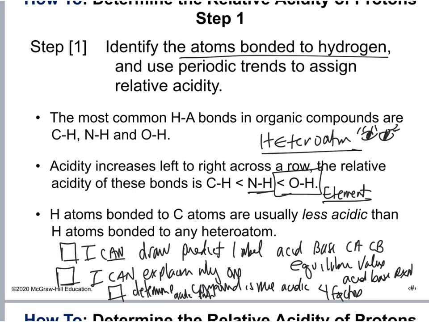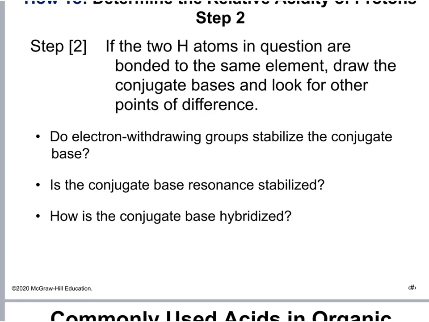Because when you have the conjugate base, the O negative, the electronegative oxygen is going to stabilize that negative charge. That is going to be your number 1. Okay. You can always draw the conjugate base. If you have resonance, resonance always wins.